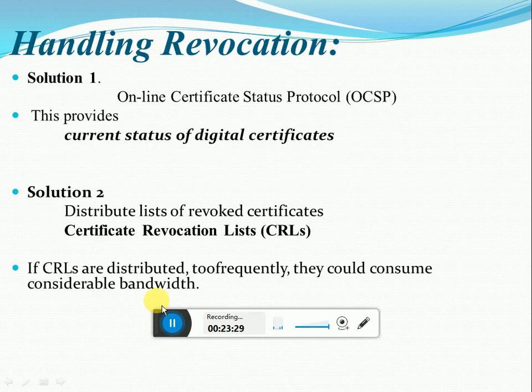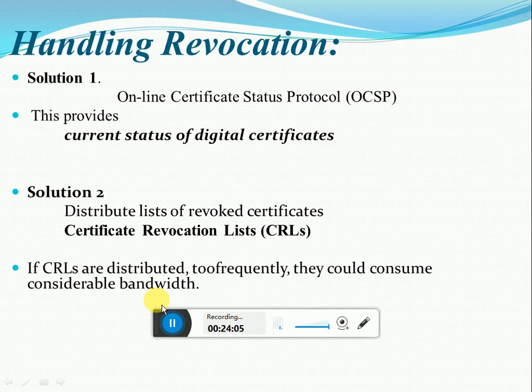Now we discussed premature revocation of certificates. Once certificates are revoked, there should be a mechanism to convey this revocation to different parties. One possible solution is to use an online facility that provides information on the current status of digital certificates.